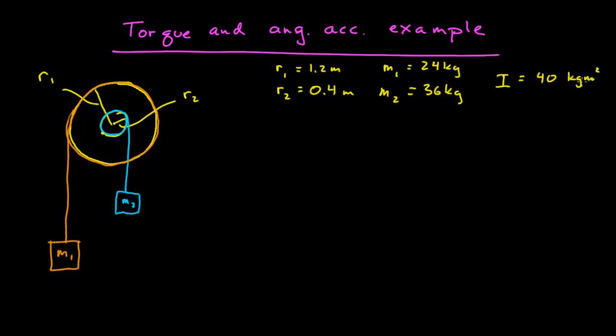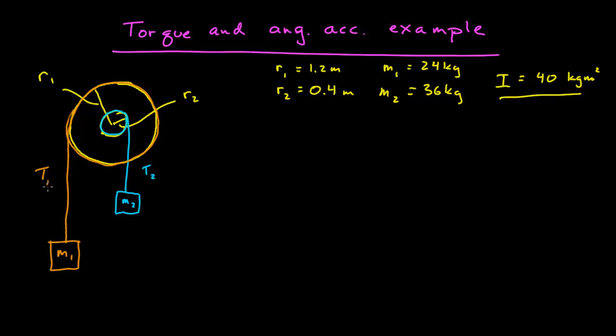We don't have to calculate that. So, what is the angular acceleration of this system, as well as the accelerations of the masses and the tensions in the string? We'll call these tension 2 and tension 1.